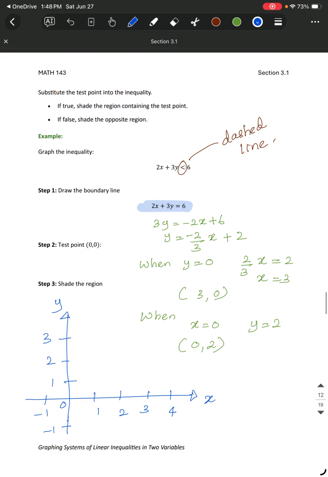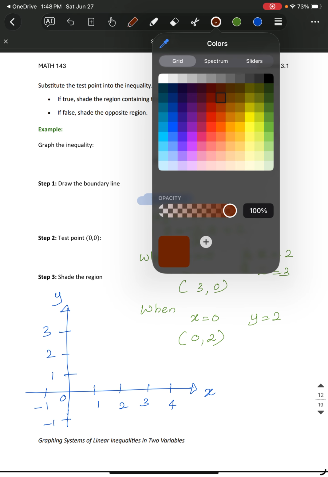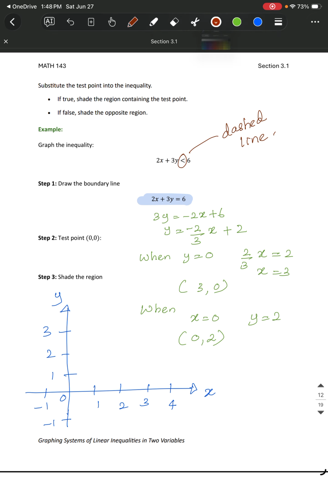Okay, (3, 0): when x equals 3, y equals 0. When x equals 0, y equals 2, the y-intercept. Okay, the line should be dashed. That means the points on the line will not be included in the solution region.